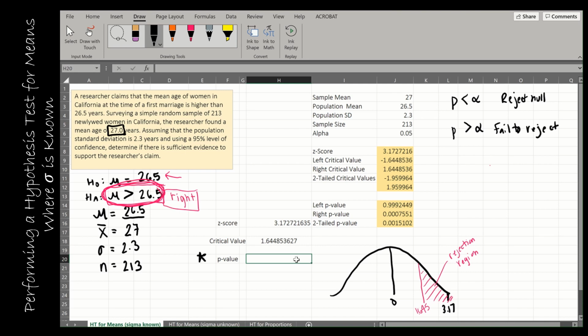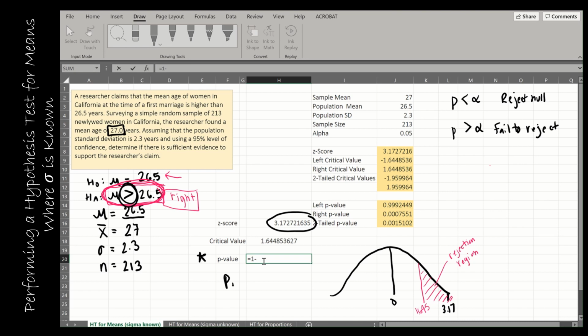What is our p-value? Our p-value is the probability that our z-score is, in this case, greater than or equal to what we have found. So we want to find that probability. So that means I'm going to take, because it's right-tailed, 1 minus. That's what we've already learned how to do.